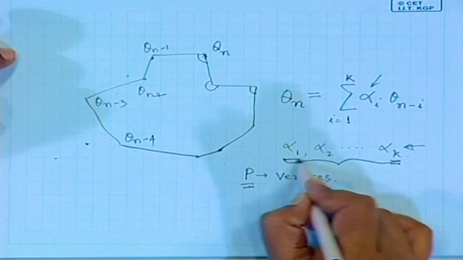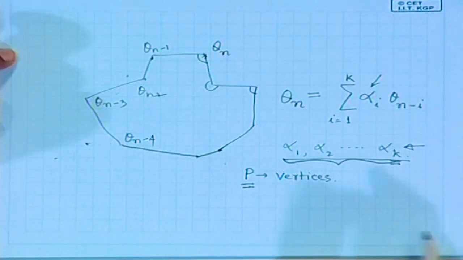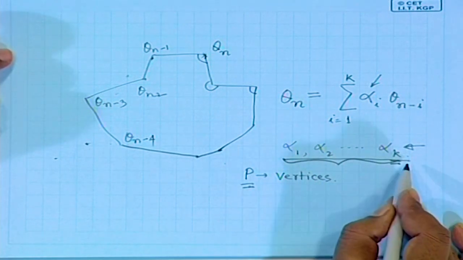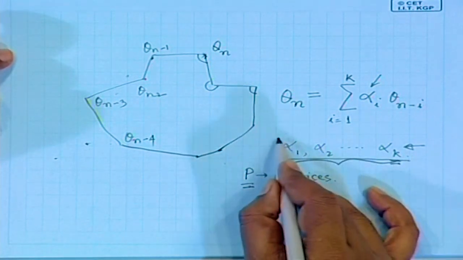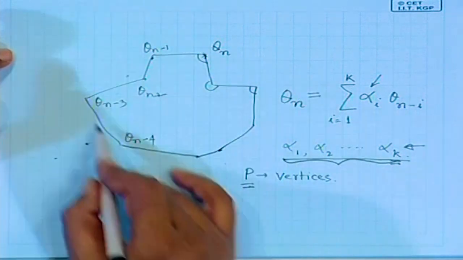Those solution approaches we will talk about later when we discuss other linear classifiers. But right now, what is important to us is that, given such an autoregressive model, we can find a set of features alpha 1 to alpha k, and this set of alpha 1 to alpha k can be used as a feature vector representing this particular polygon.